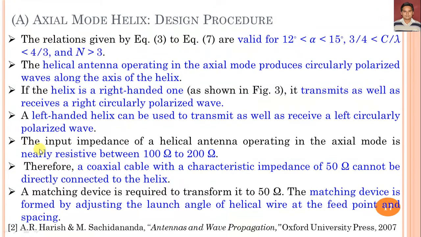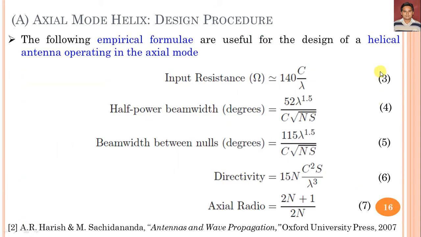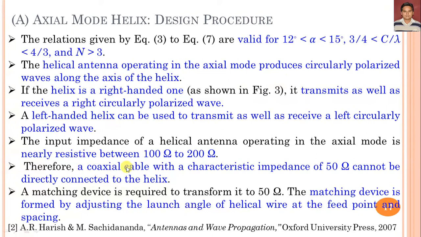As we have discussed in equation 3, the input resistance of an axial mode helix depends on the operating frequency as well as the circumference of the helix. In that case, the input impedance of the helical antenna operating in axial mode lies between 100 ohm to 200 ohm, and this input impedance is nearly resistive.